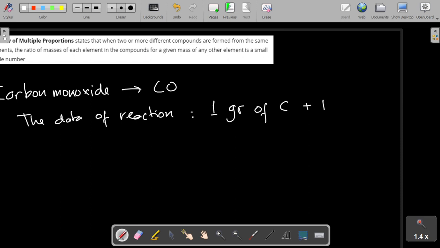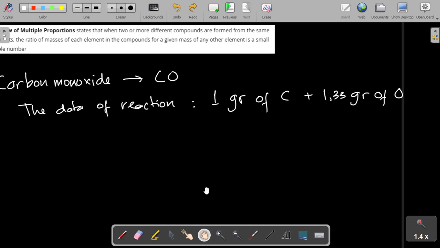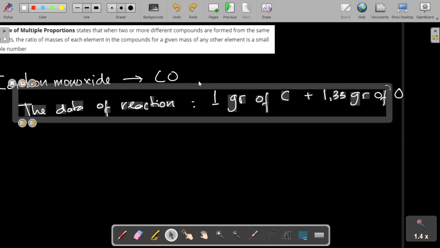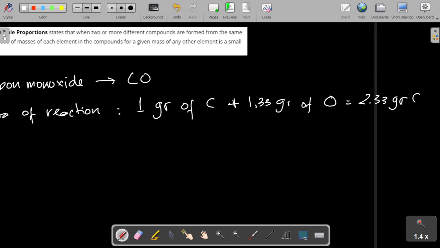plus 0.33 gram of oxygen... then we can get 2.33 gram of CO, carbon monoxide.